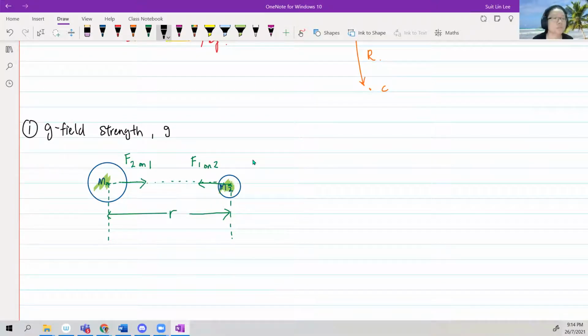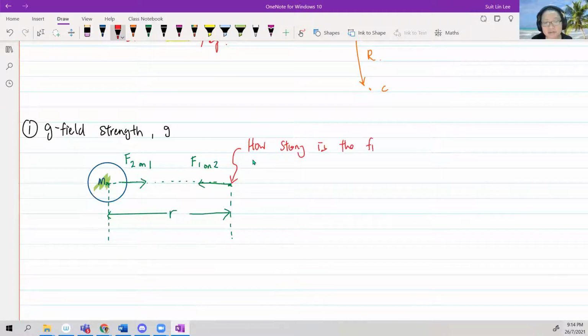Okay, so the question now for me is, I want to know at this point here, at the distance r from M1, how strong is the field of M1 here? Like specifically here, how strong is the field?